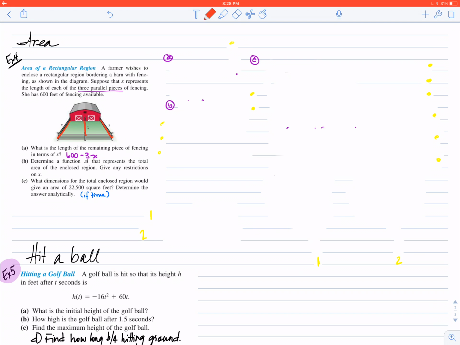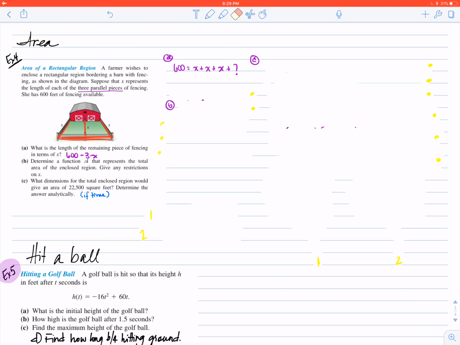Well, if she had a total of 600 and she's already used up a single X here, a single X here, and a single X here, then how could I find this last remaining piece of fence down here?